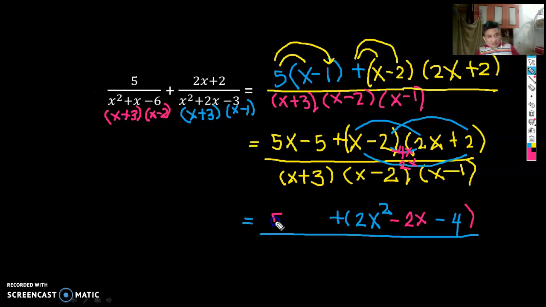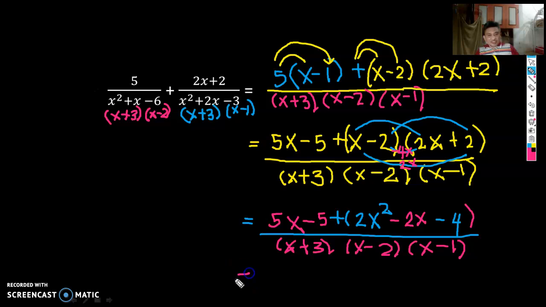Then attach 5x minus 5, all over x plus 3, x minus 2, x minus 1.